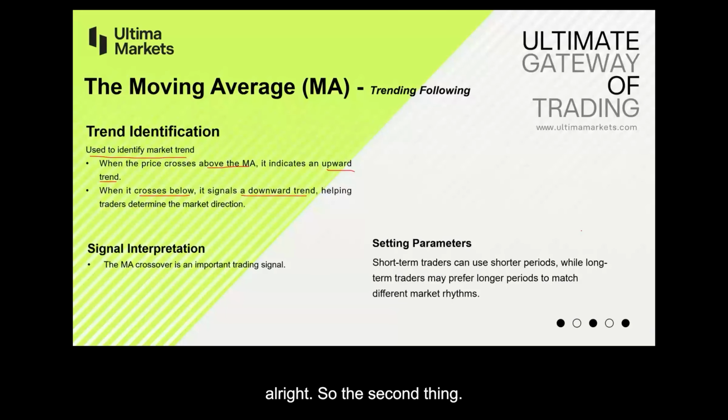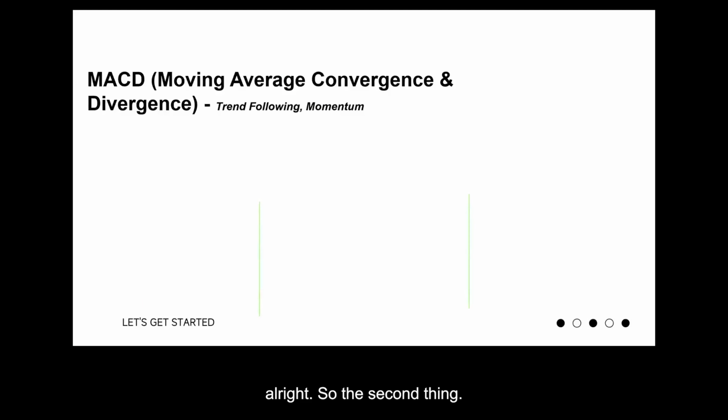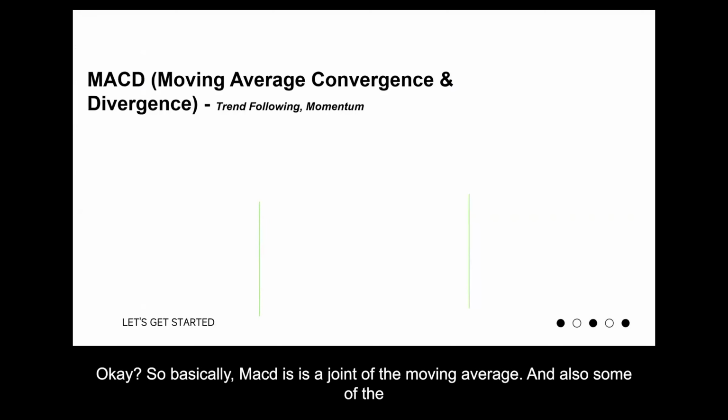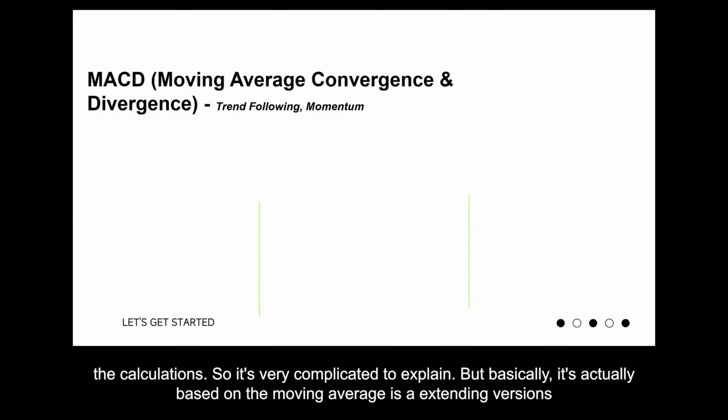All right, so the second thing, we can also use the moving average convergence and divergence, which we commonly know as the MACD. Basically MACD is a combination of the moving average and some additional calculations.